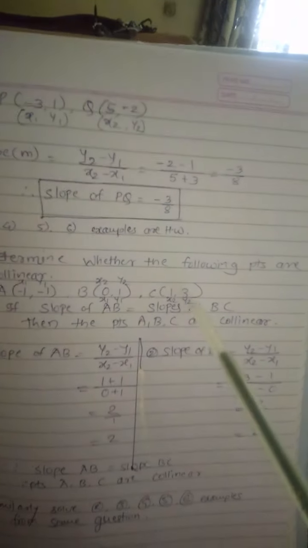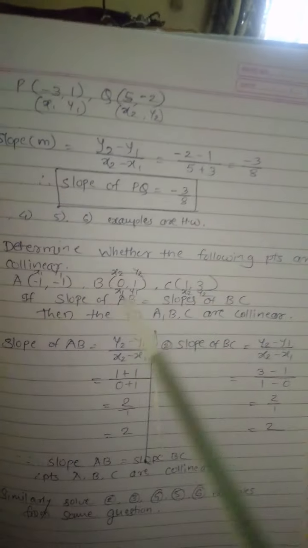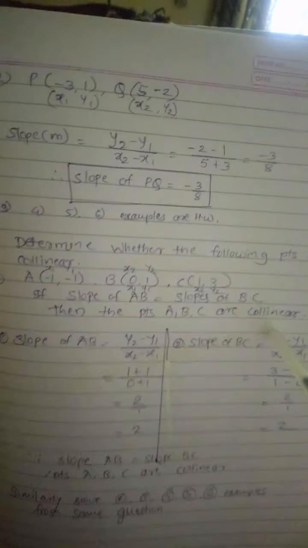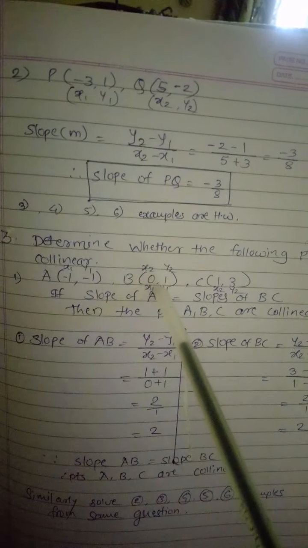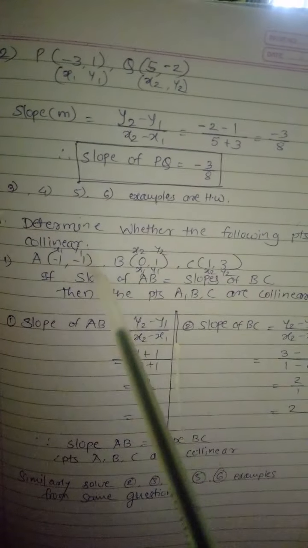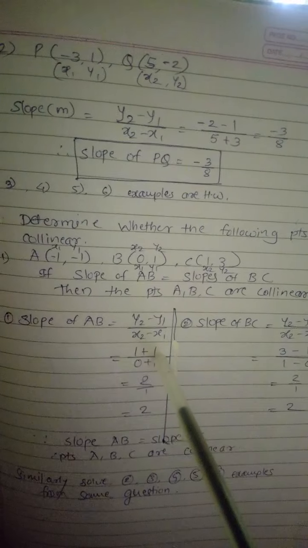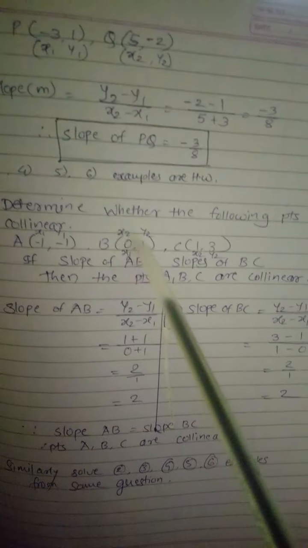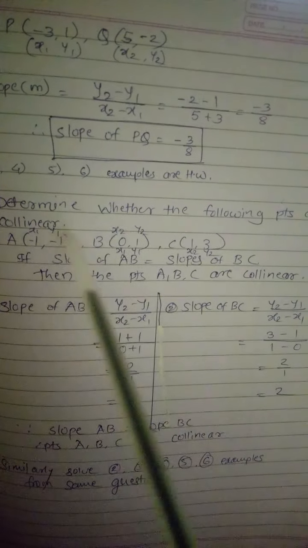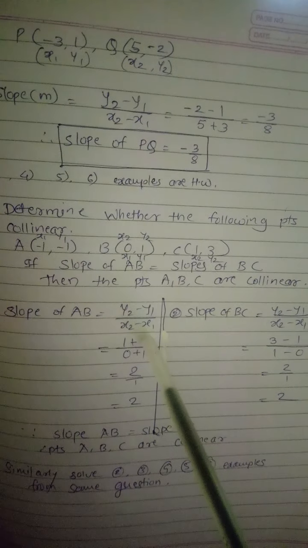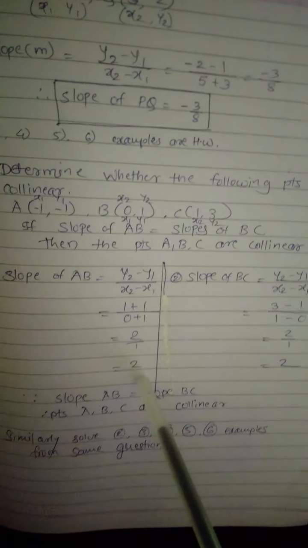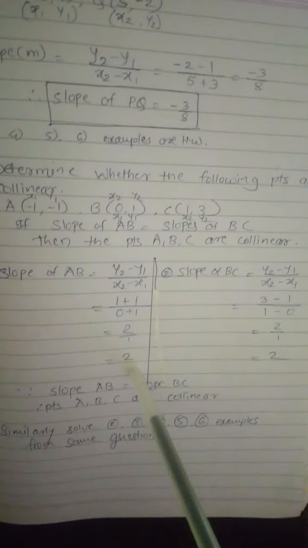That is, if the slope of AB and the slope of BC are equal or the same, then these 3 points are collinear. So again we have to find the slope of AB by using the formula y2 minus y1 and x2 minus x1. Here we consider A as x1 y1 and B as x2 y2. Put down these values and we get the slope of AB as 2.